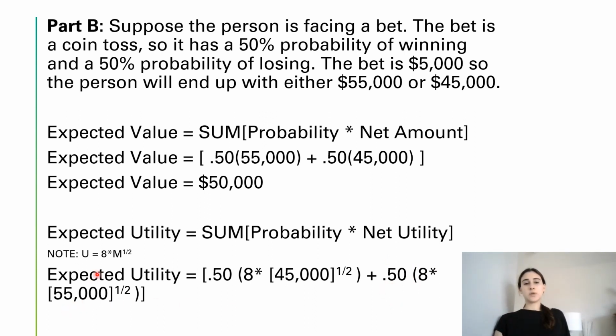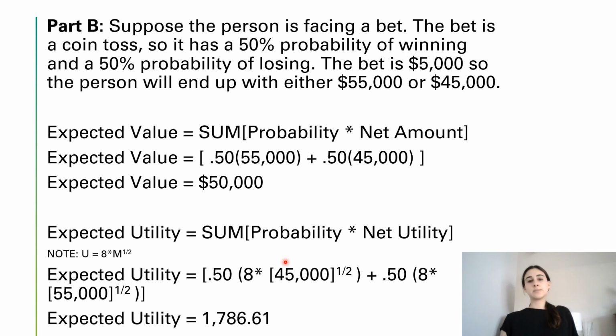We plug that into our utility function to convert it to utils. Now the same thing for our loss. There's a 50% chance that we lose, and if we lose, we end up with a net of $45,000. We plug this value into our utility equation to convert to utils. Summing these values, we get an expected utility of 1786.